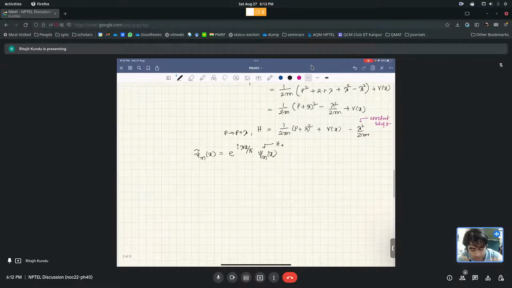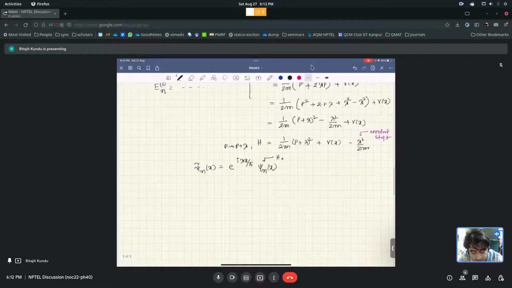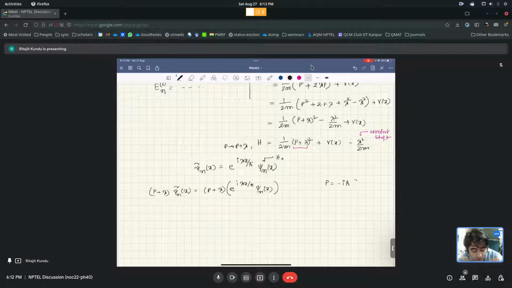Now first of all, the main change in our Hamiltonian is just this p plus lambda. So we would like to see what this p plus lambda does to this new wave function, psi n tilde x. Let's see what this does. Remember these are operators, so p is given by minus i h bar del x.